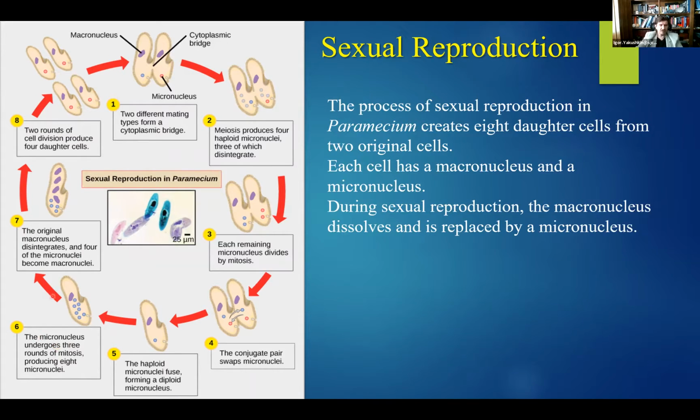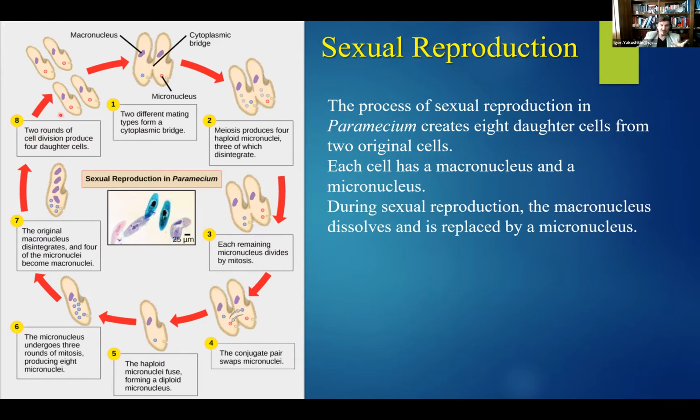During that time, the macronucleus will disintegrate, break apart, and 4 micronuclei will merge together, creating a macronucleus. All right, and then we'll end up with 2 rounds of cell division, which will produce 4 cells total from each one of those.